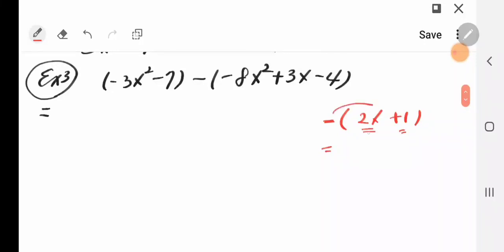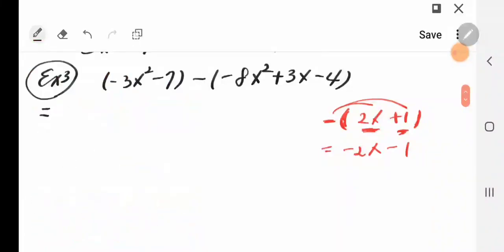So actually we are multiplying each of these two terms by negative. So 2x will be negative 2x, plus 1 will be minus 1. So what we do is change the sign of each term inside the parentheses when we multiply this by negative.